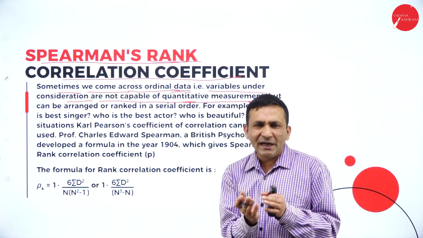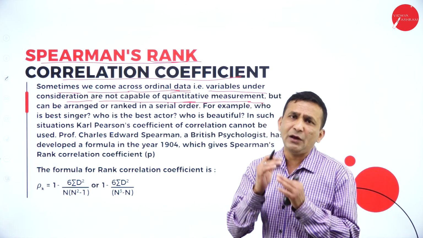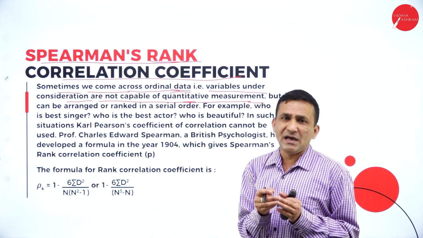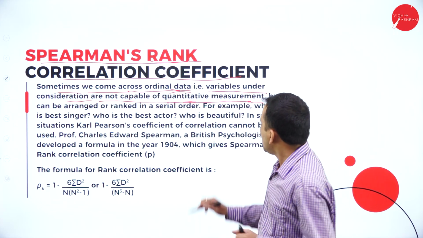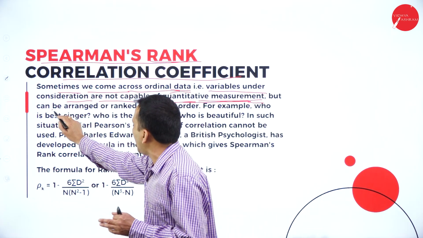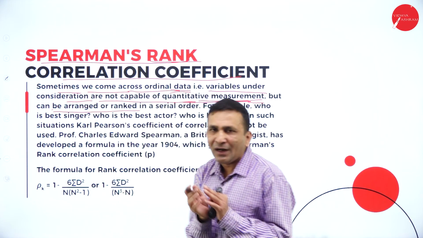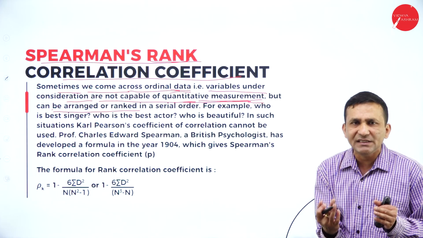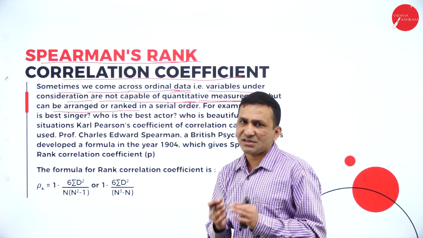In the qualitative matter, definitely who is best, who is better, we need to use Spearman, and we can rank. It is not a quantitative measurement, but it can be arranged in rank. Otherwise you can call it a quality, where the quality is the best we are saying.